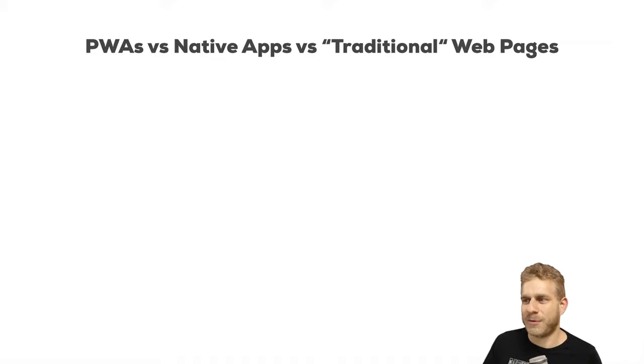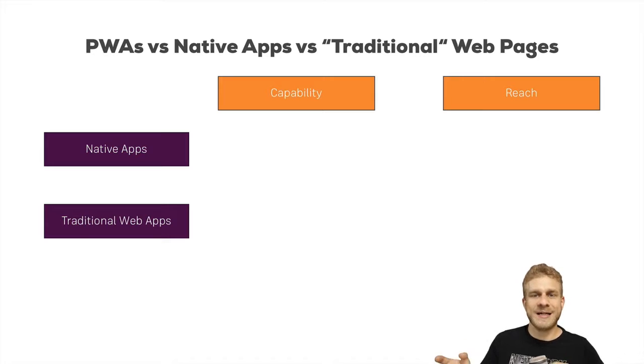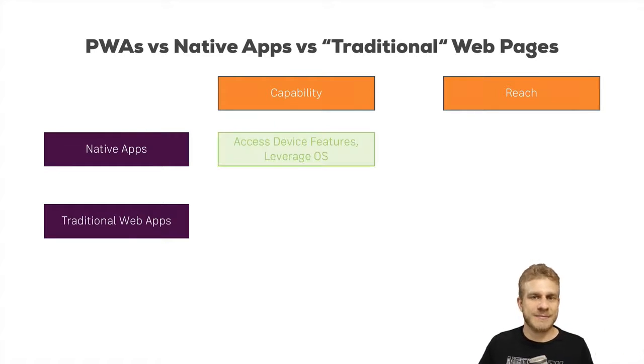Let's confirm this hypothesis by having a look at this comparison. We have native apps and traditional web apps. So no progressive web app, a traditional web app which doesn't offer access to any native device features. If we compare them by capability and reach, the native app, of course, has awesome capabilities.